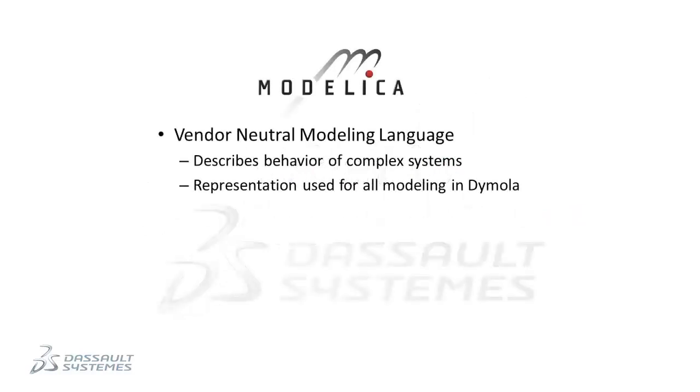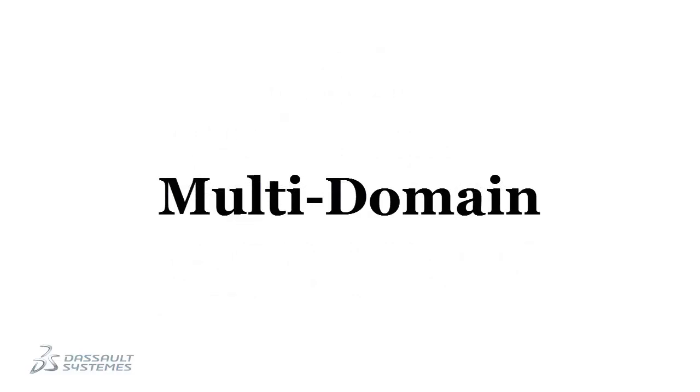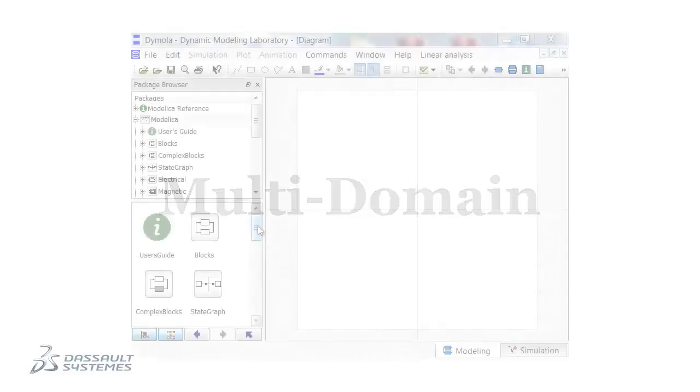Modelica is a vendor-neutral modeling language used to describe the behavior of complex systems. Modelica is at the heart of Dymola's modeling environment. The first thing to know about Modelica is that it is multi-domain. Modelica was designed to support all domains of engineering, not just one.